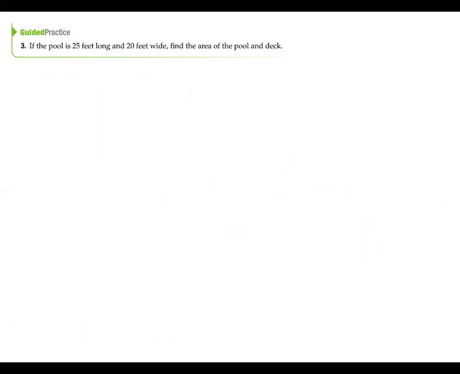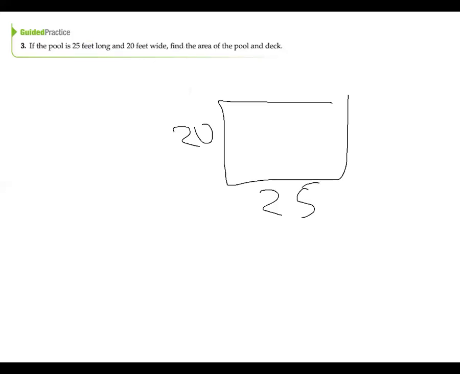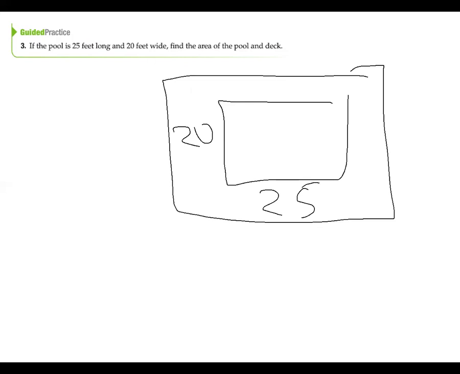All right, we're back. So sometimes it helps if you have a pool like this, and then you're putting a deck around it that's x feet on this side, x feet on this side. So the area is going to be 2x plus 20 times 2x plus 25.